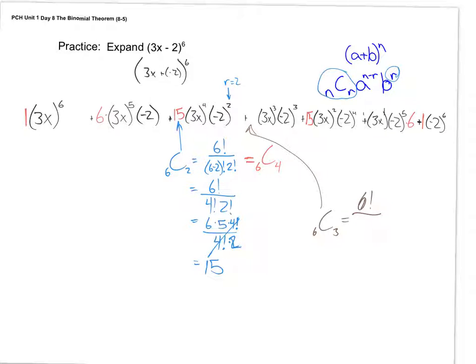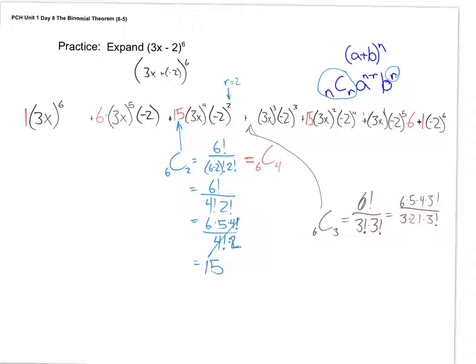6 factorial over 6 minus 3 is 3 factorial times the r factorial is 3 factorial. So you have 6 times 5 times 4 times 3 factorial over 3 times 2 times 1 times the other 3 factorial.